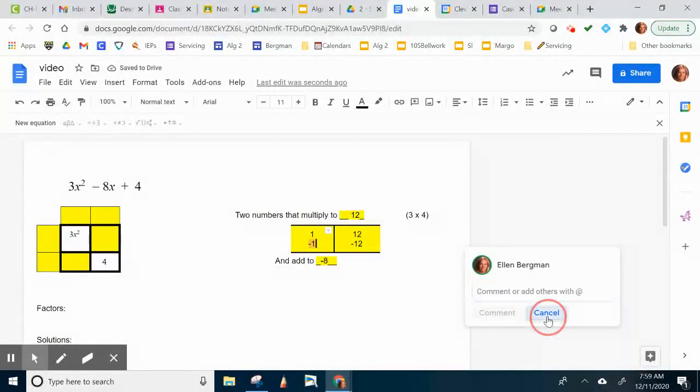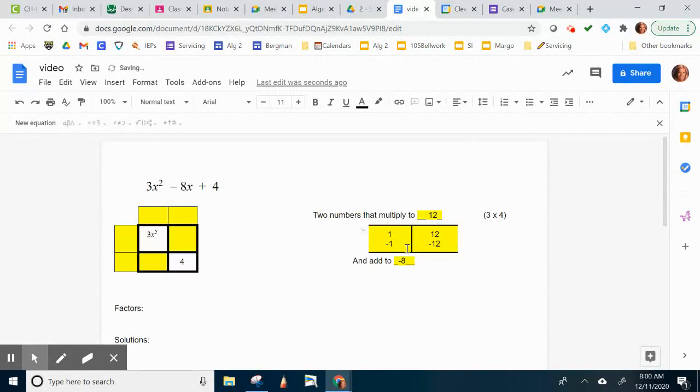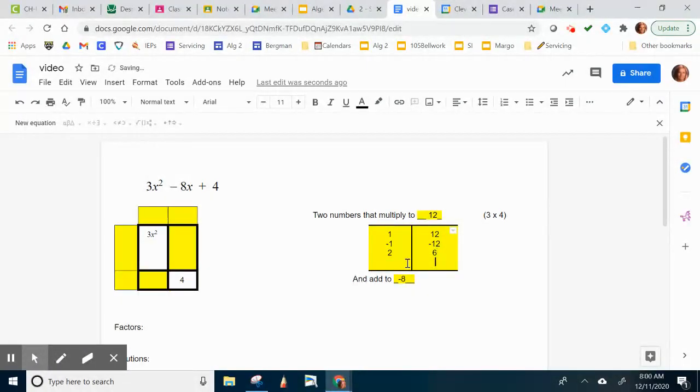So I could have 2 times 6, and I could also have -2 times -6. So 2 times 6 is 12. If I add them together, I get +8, but I'm looking for -8. -2 times -6 is +12, and when I add them, I get -8.